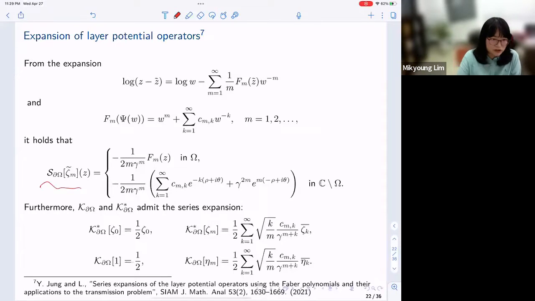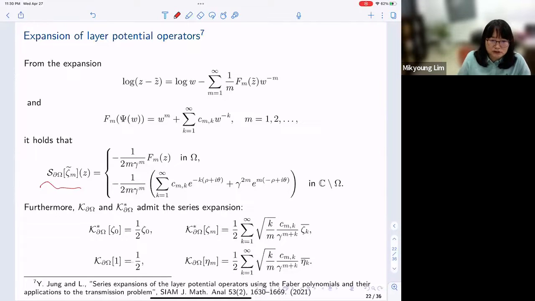So the single layer potential for the Fourier basis has a polynomial inside omega, and in the exterior, it has an expansion in terms of the exterior conformal harmonic basis with the coefficients given by Grunsky coefficients. So the single layer potential admits this expansion.